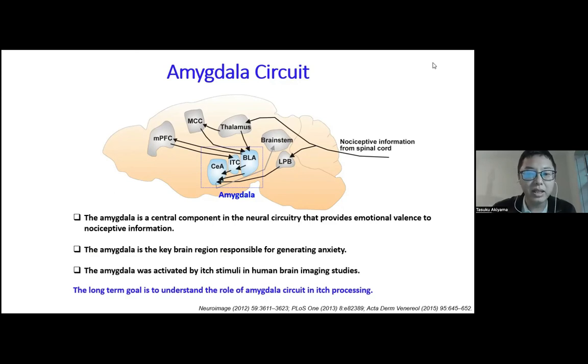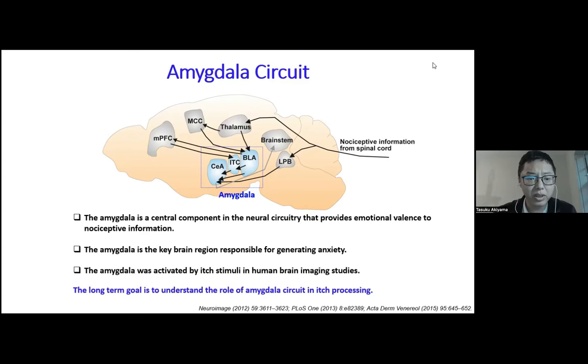To understand that cycle, we target the amygdala. There are several reasons. The amygdala is known as a central component which processes the emotional component of pain. Another fact is that the amygdala is the key brain region responsible for generating anxiety.